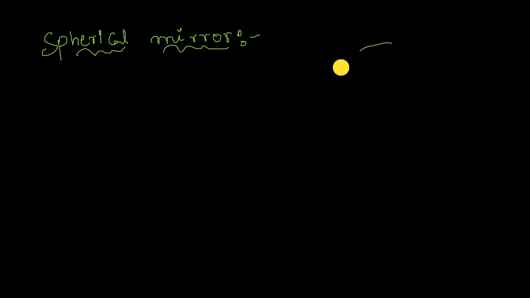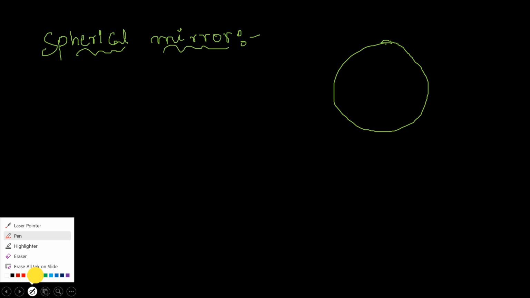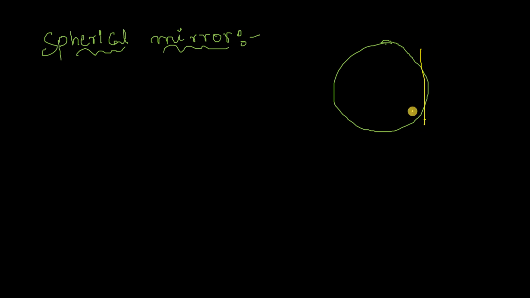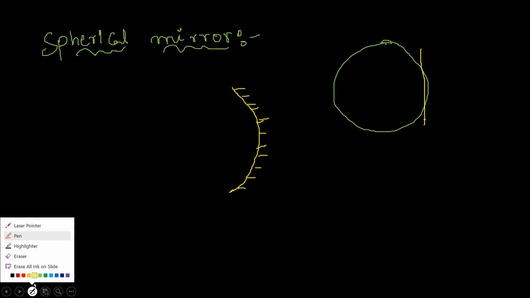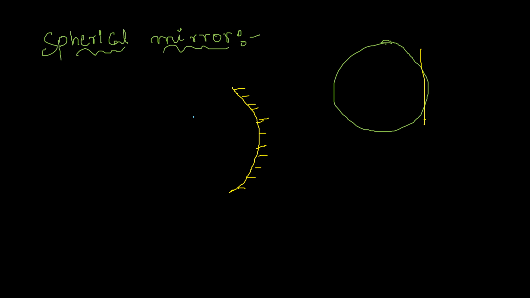I'm taking this portion. This is a sphere, and from here I'm taking a small portion. This is a curvature. It depends on the coating. If I am coating like this, the silver coating is outside and reflection takes place inward.